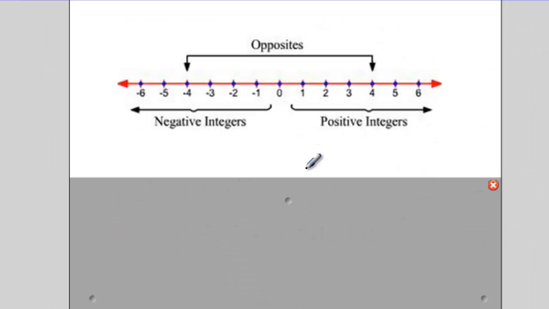We can think of the integers as being represented on a number line with 0 in the middle, the negative integers to the left of 0, and the positive integers to the right of 0. And we could say that numbers like 4 and -4 are opposites of each other.